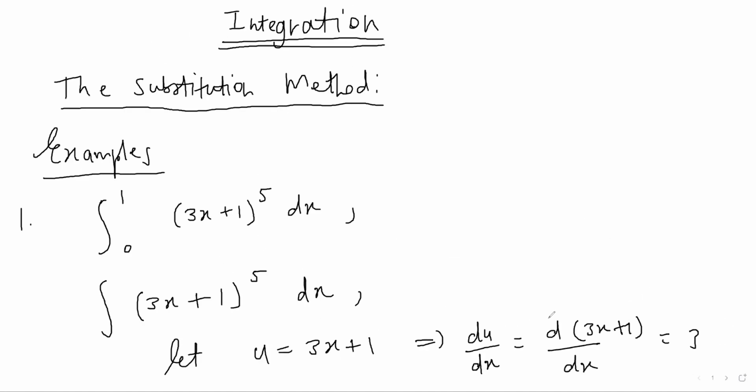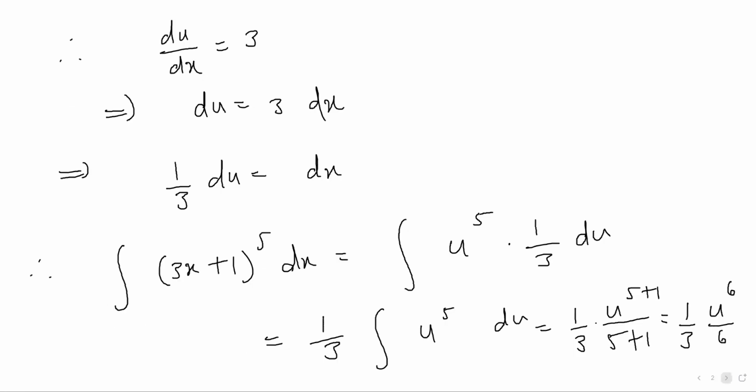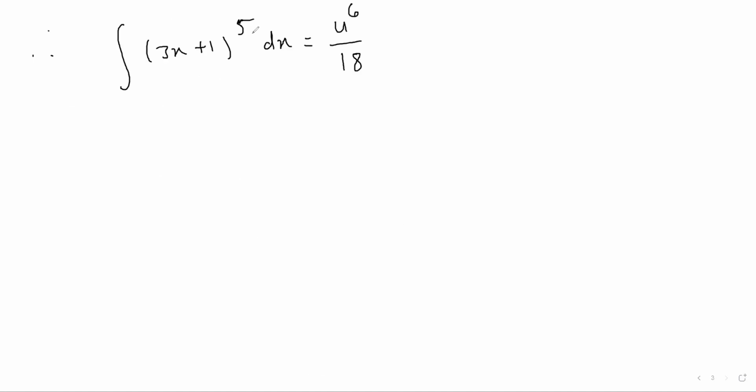Let's go back and check that. We said u is equal to 3x plus 1. So now we replace the u in the answer with the 3x plus 1. So this is now equal to 3x plus 1 to the power of 6, and we divide this by 18.